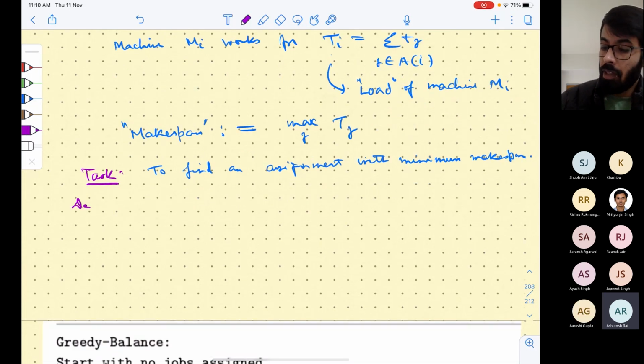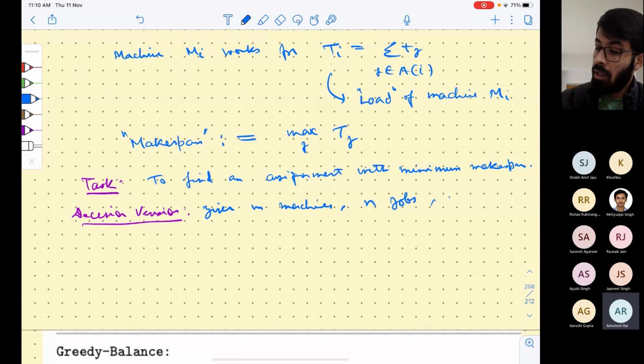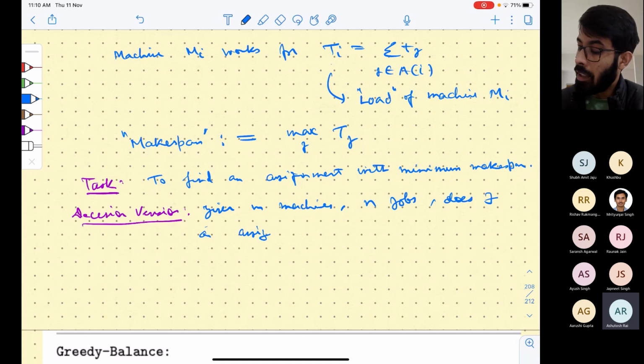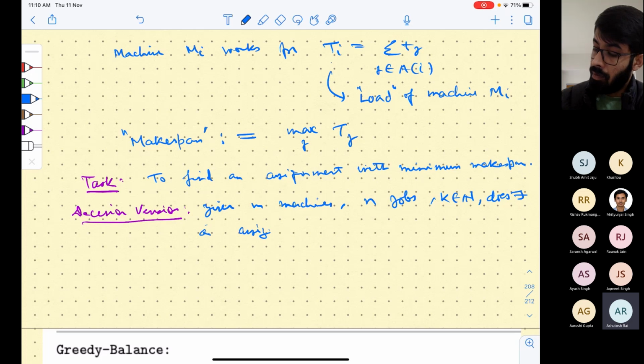And the decision version of it, which is NP complete, is: given M machines and jobs, and maybe an integer k, does there exist an assignment such that makespan is less than or equal to k?